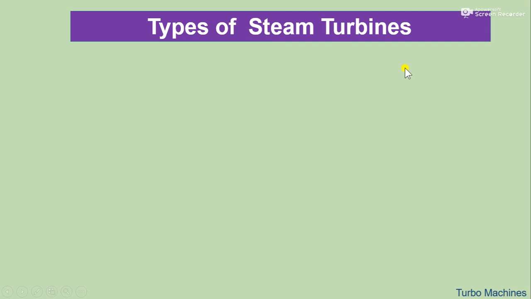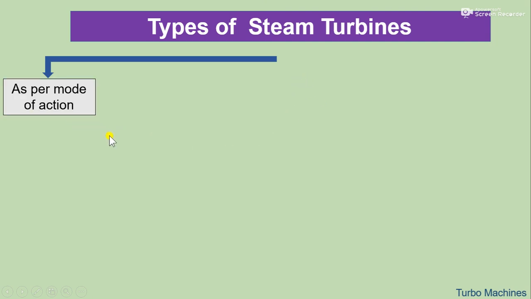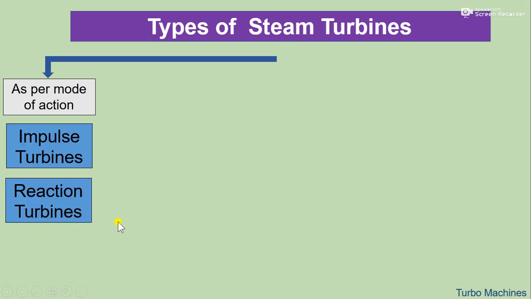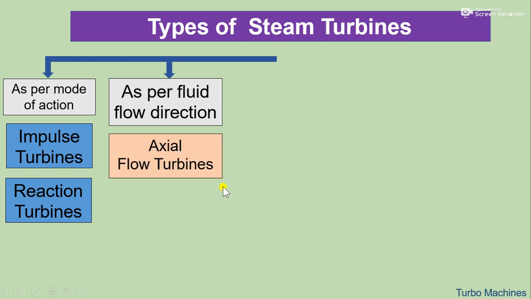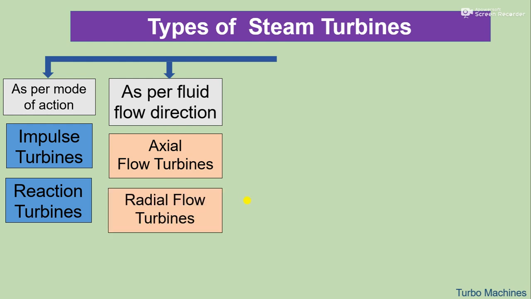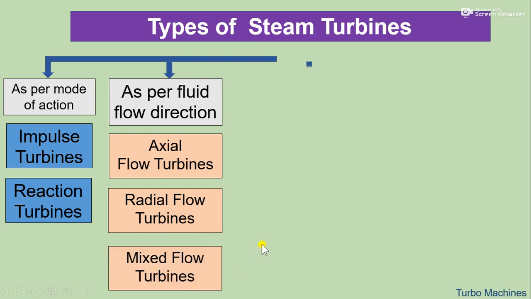Types of steam turbines. Steam turbines are classified based on various categories. As per mode of action, steam turbines have two types: impulse turbines and reaction turbines. As per the steam flow direction, steam turbines are classified into three types: axial flow, in which flow of steam is parallel to the axis of steam turbine; radial flow turbine, in which steam flow is perpendicular to the axis of turbine; and mixed flow turbines.